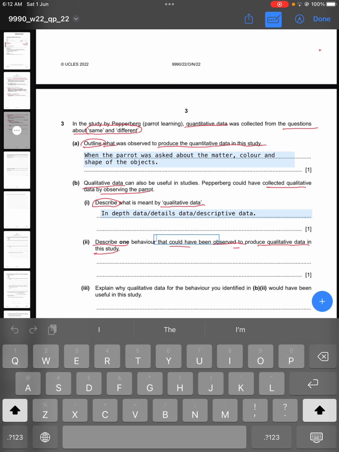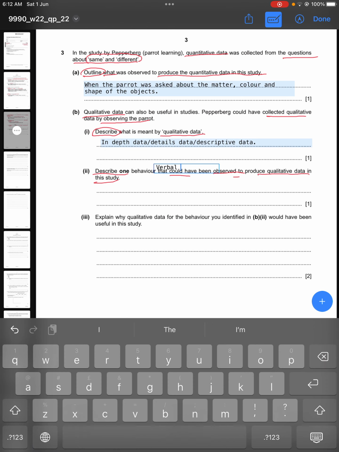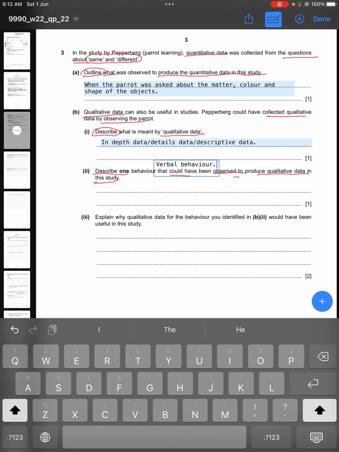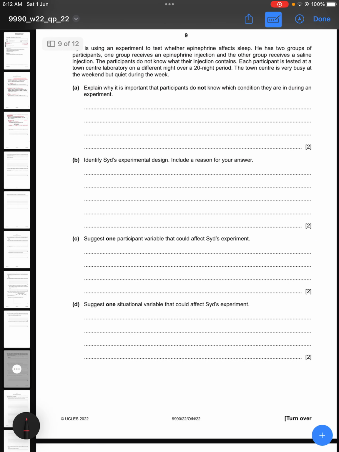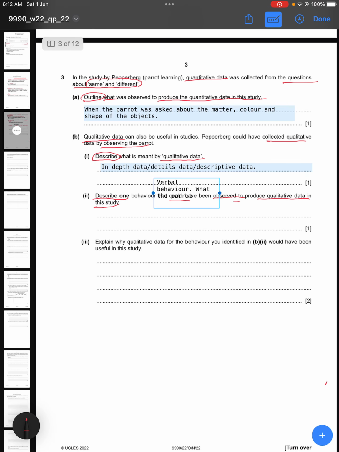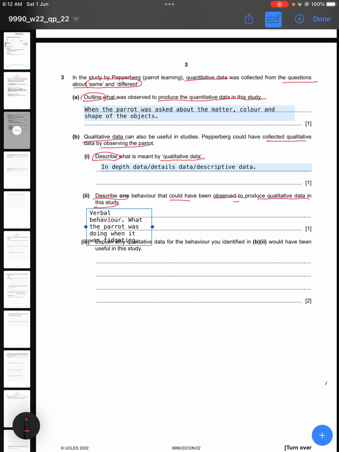So it could have been observed regarding its verbal behavior, or you can also write what the parrot was doing when it was fidgeting. So any general observation like that will help you gain the mark.